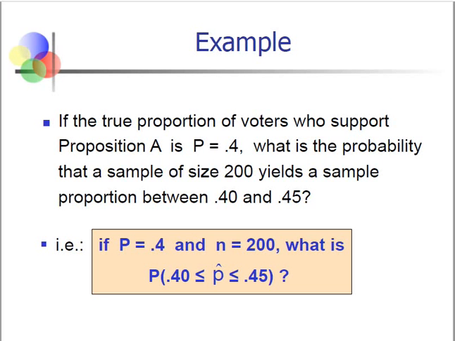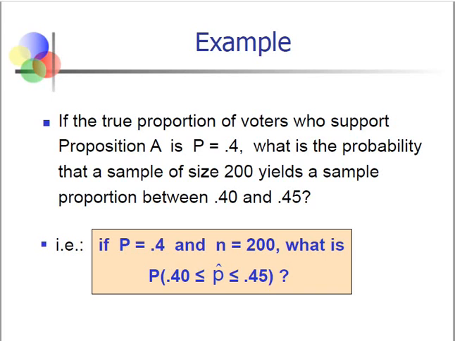Okay, let's have our example. If the true proportion of voters who support proposition A is 0.4, what is the probability that a sample of size 200 yields a sample proportion between 0.4 and 0.5? So this is our question.